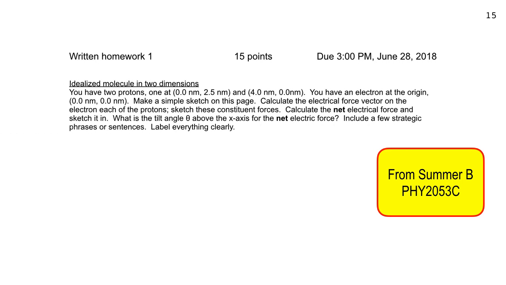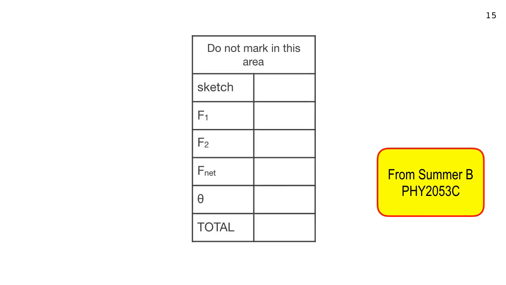It's about molecules and stuff. At the very top, there's the problem, the date and all that stuff. And yours will look like something like this. And then down at the bottom is going to be a grading area. You don't write in that. I'll be writing in that, and the TA will be writing in that. That's where you'll see your score.